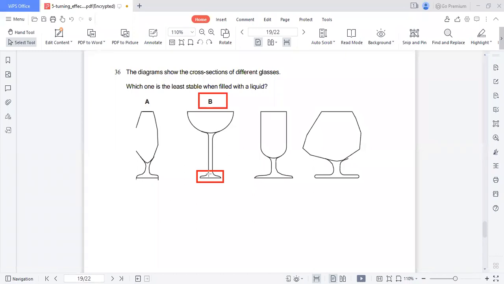If it is filled with water, the center of mass would be approximately here, which is comparatively higher than the other glasses. So I believe B would be the least stable because of its small base area and because the height of its center of mass is large compared to the rest of them.